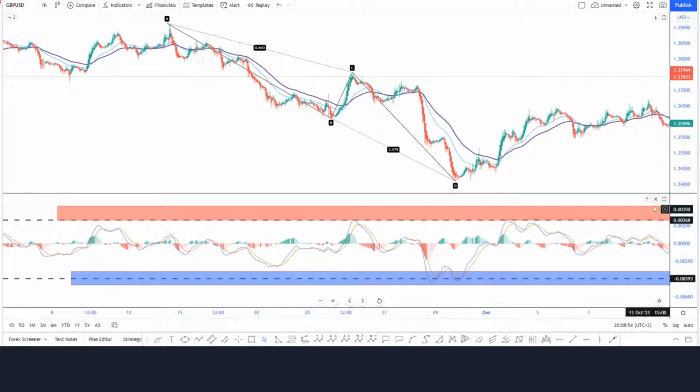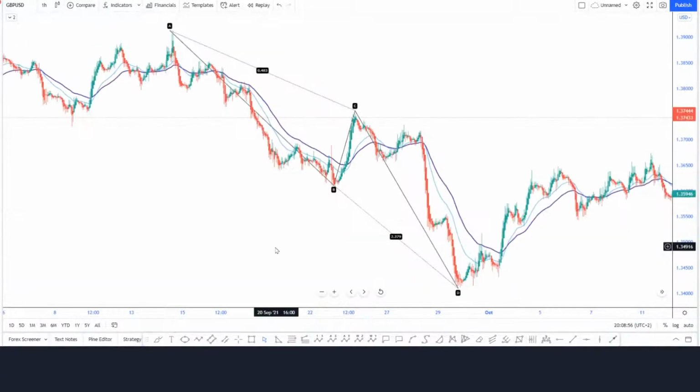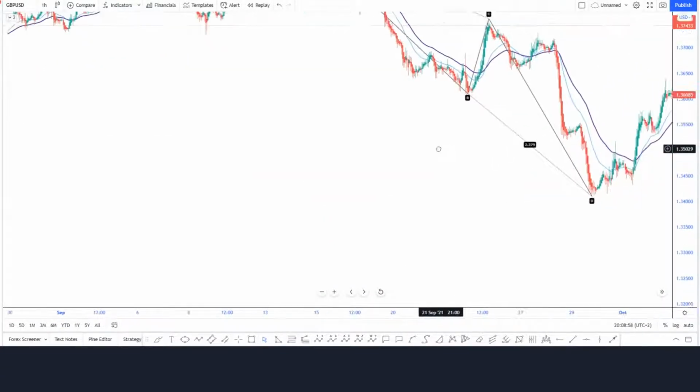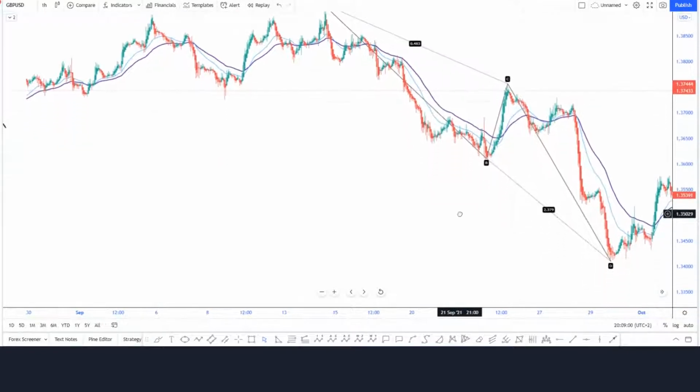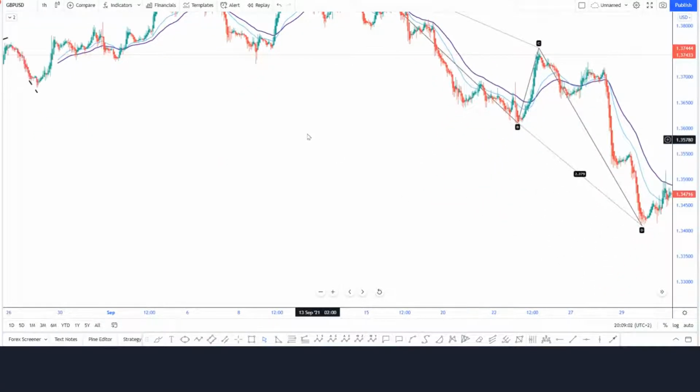Let's start into it. We're going to start with the ABCD pattern. Basically, the ABCD pattern is really easy, nothing difficult.